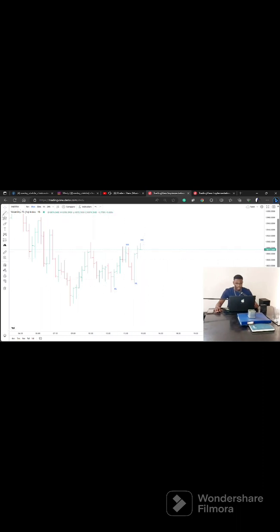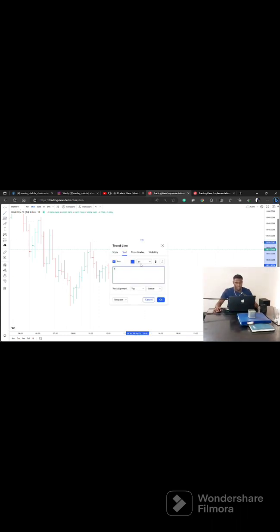An uptrend. So once again, we could mark out all chart data and simply say price is making more higher highs than it is higher lows.